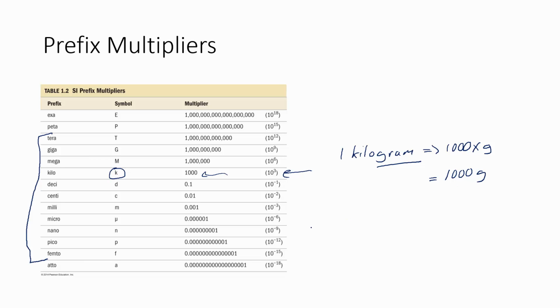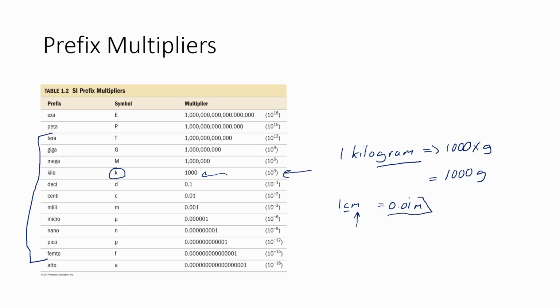Okay? A centa is just 0.01 of whatever it is that follows it. So 1 centimeter, if we were looking at the centa, that means it is 0.01 of whatever follows after it, which is meter.